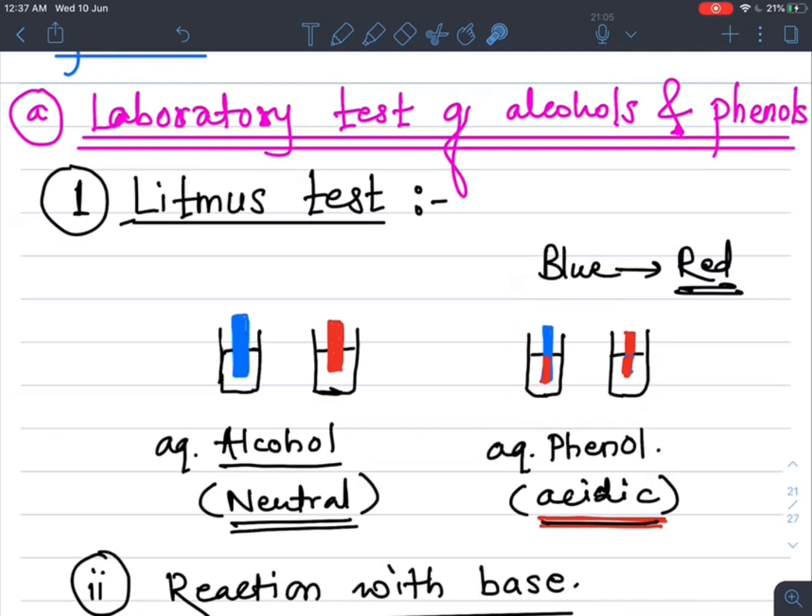But in the case of an aqueous solution of phenol, blue litmus changes its color to red, and red litmus remains red. It means phenols are weakly acidic in nature. So by using litmus paper, we can identify whether it is alcohol or phenol.